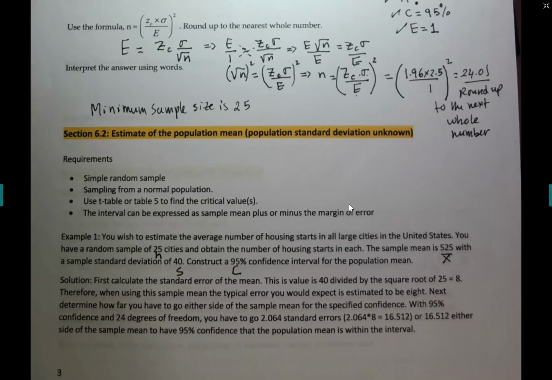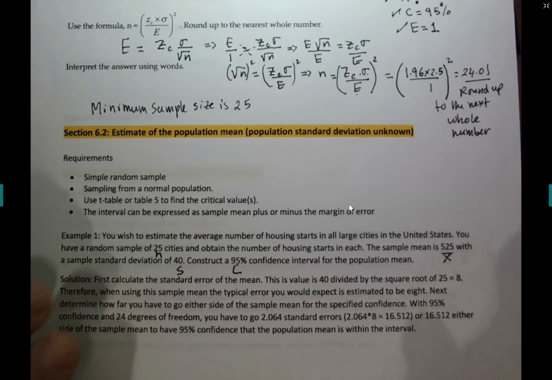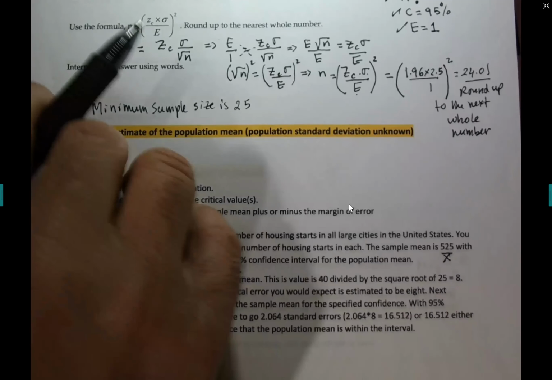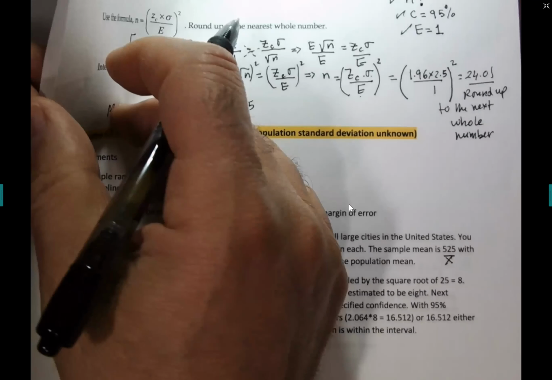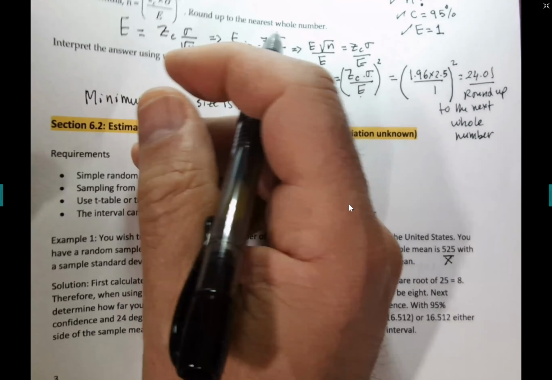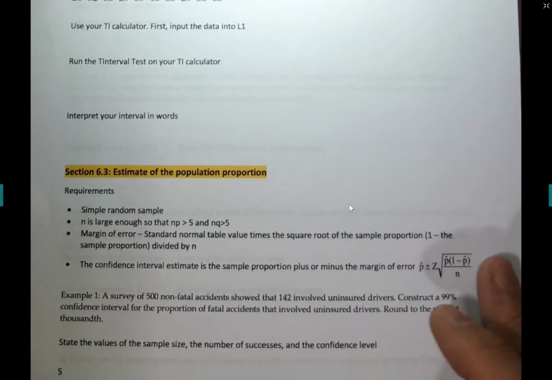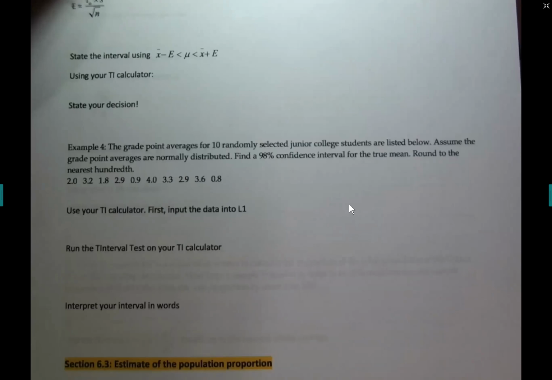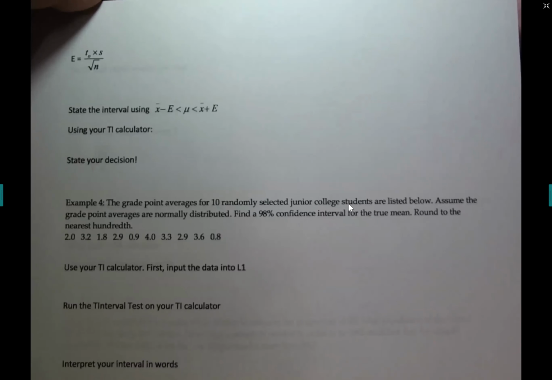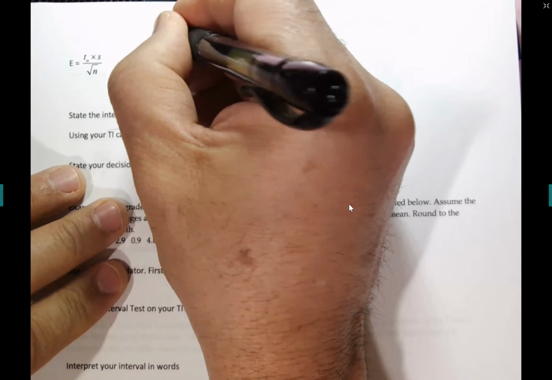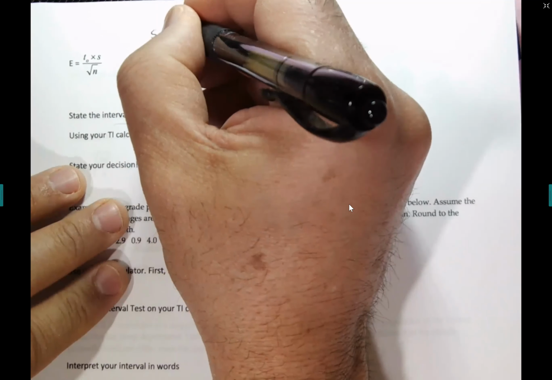Okay, let's do it. Let me see if I left room for this on the other page. If not, I'll just do it on the same page. Yeah, actually, I did. So, all right. So S, guys, we said it's 40.